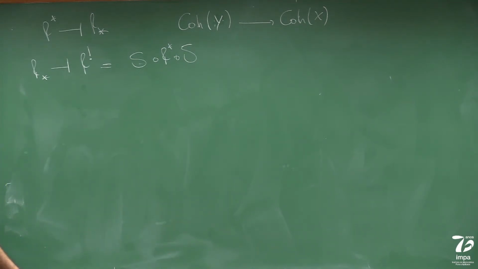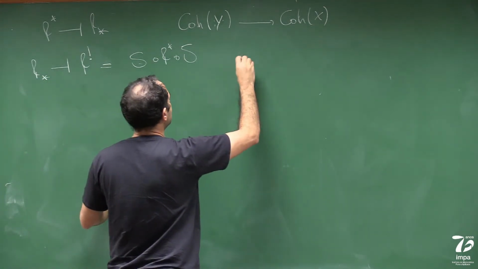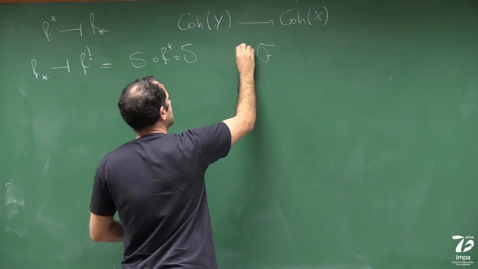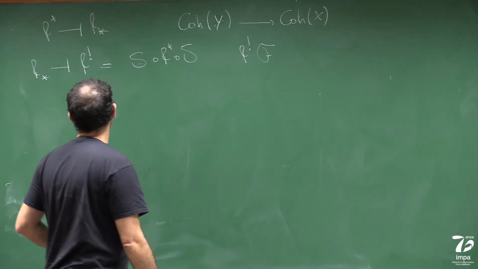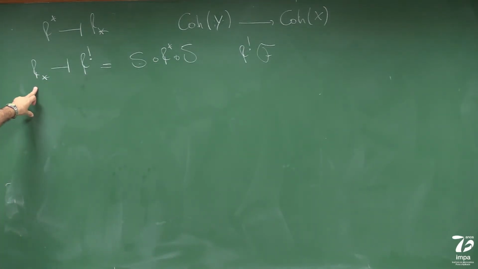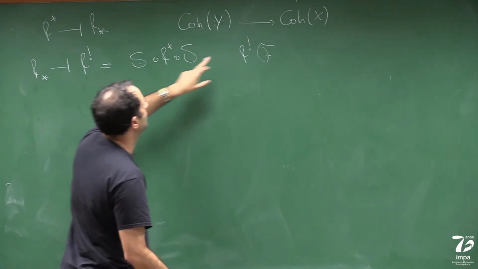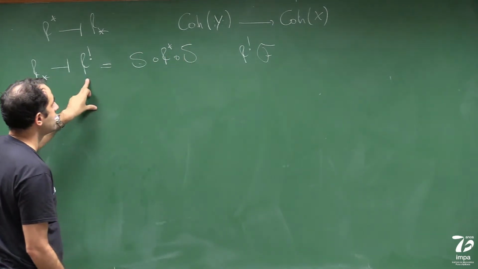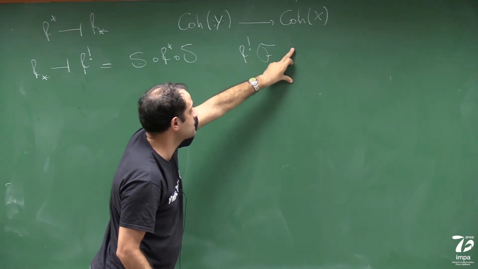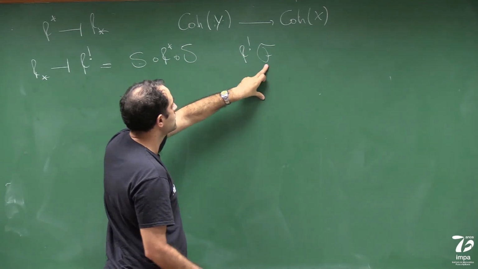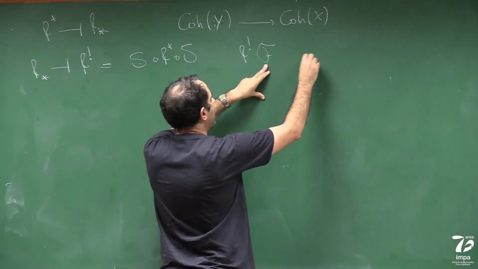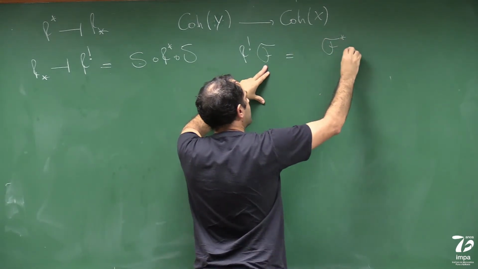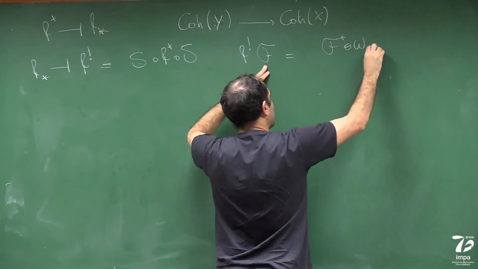So how do you compute this? If you give me a sheaf f, then this pullback lower shrink, again, this guy is a guy from x to y, and this functor here goes from y to x, coherent sheaves from y to x. So what you do for this guy is you first apply Serre duality on y, so you get this tensor omega y.